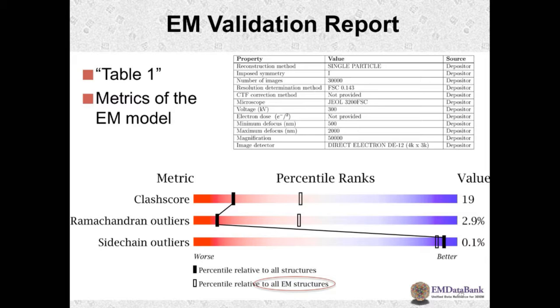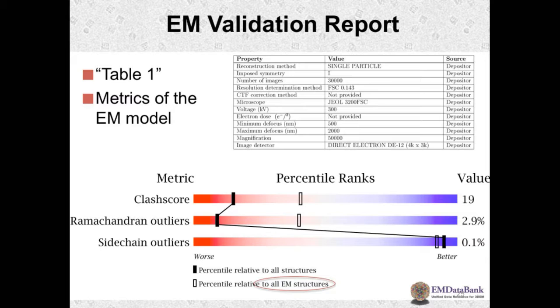And then you're also given these bars here. The black bar is the percentile relative to all structures in the archive. In the PDB archive, that includes X-ray and NMR. And then we also provide percentile relative to all EM structures.